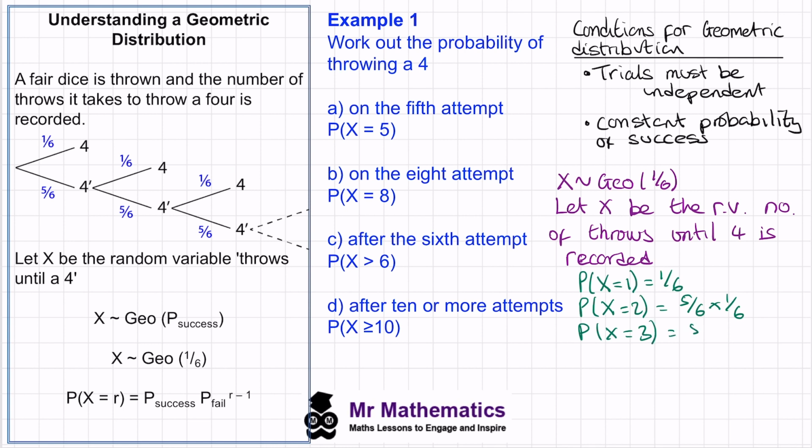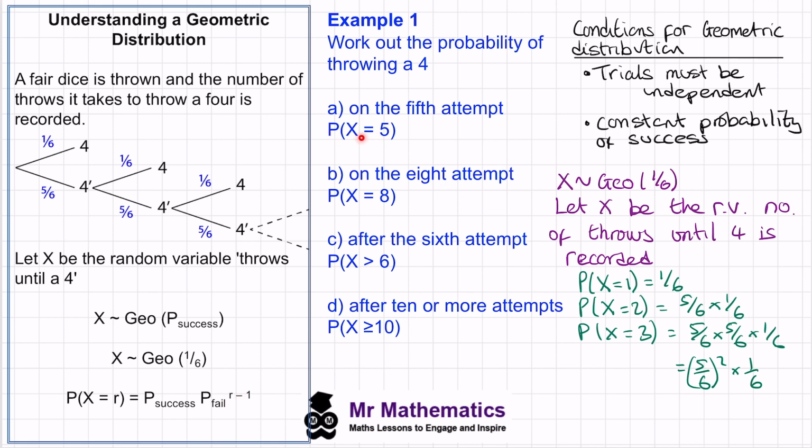So this will be 5/6 multiplied by 5/6 multiplied by 1/6, or 5/6 squared multiplied by 1/6. So we can generalize this as the probability of X being any observed value will equal the probability of success, in this case 1/6, multiplied by the probability of failing to the power of the total number of trials minus 1.